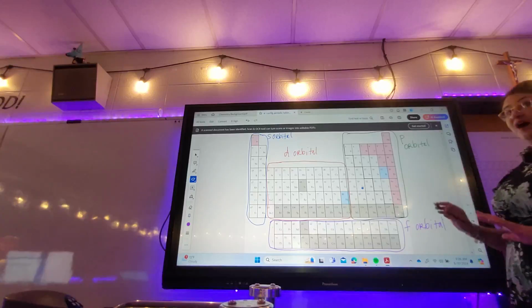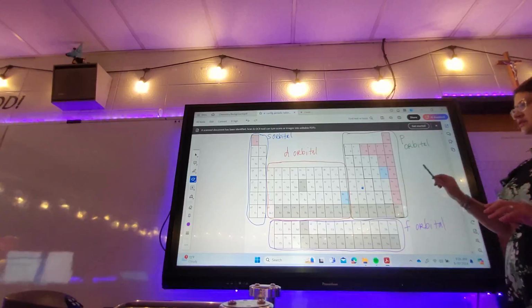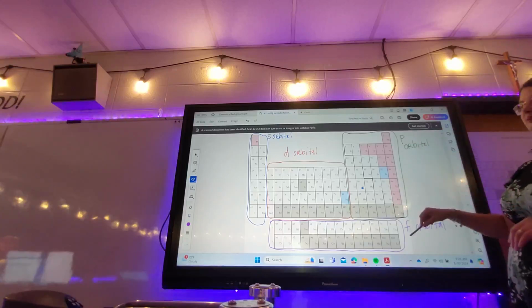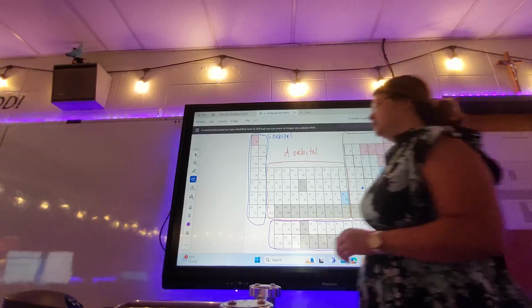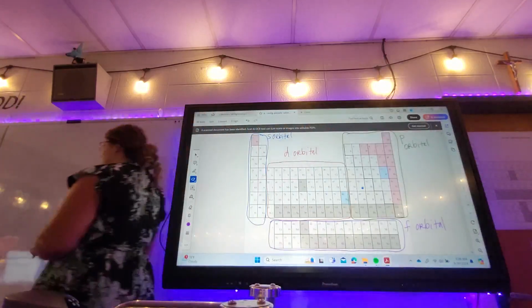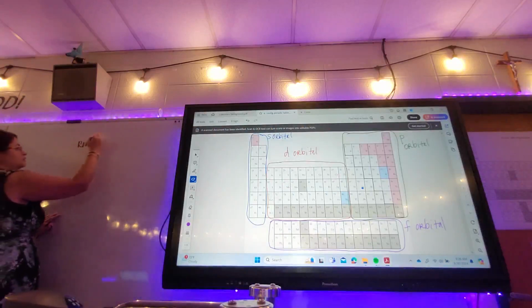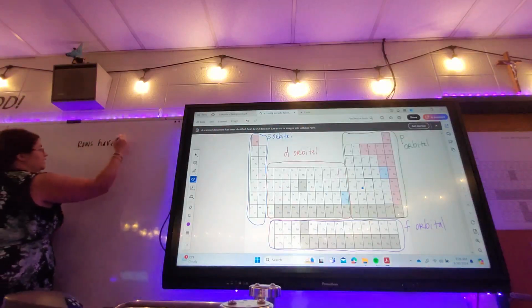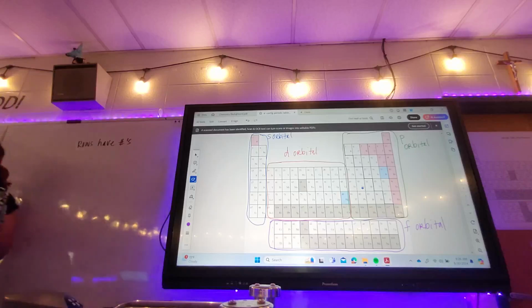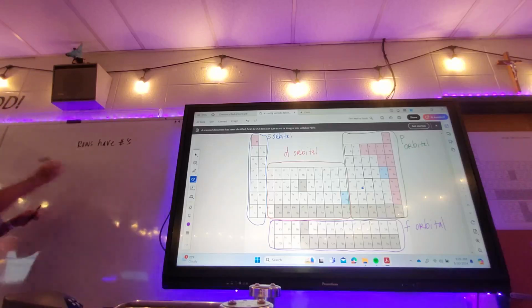Okay, so now let's talk about the rows of the periodic table. The rows have numbers, and those numbers have a special name. Those numbers are called quantum numbers.